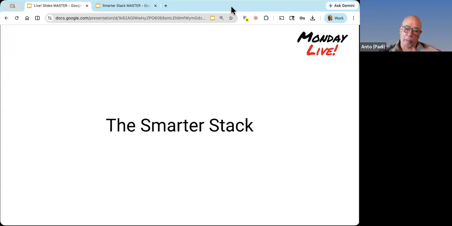This is all pre-AI. We wanted to organize all of the technologies involved in buildings, because there are so many different aspects of it. So we thought we should create some kind of tool, and in that process ended up with the smarter stack.